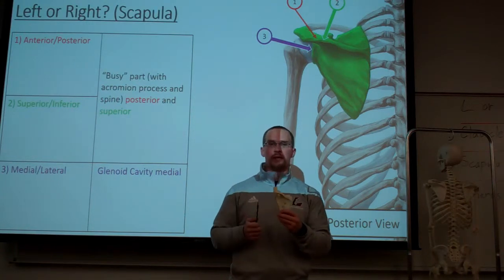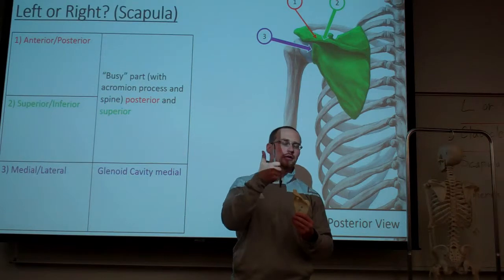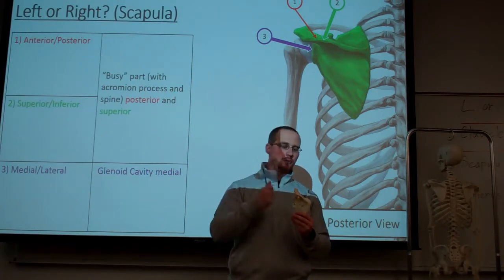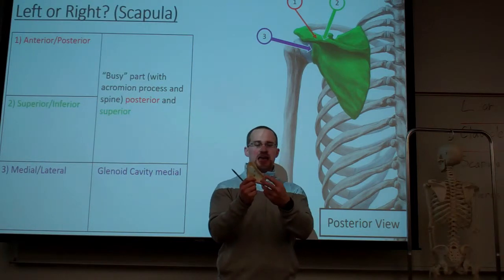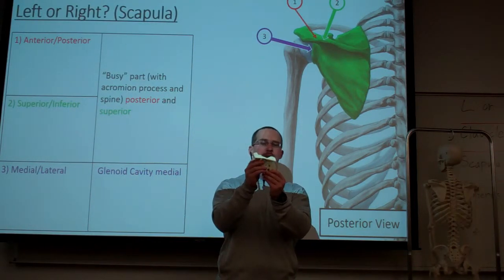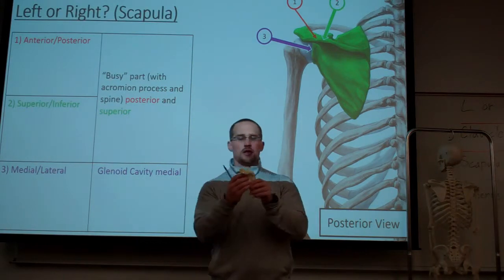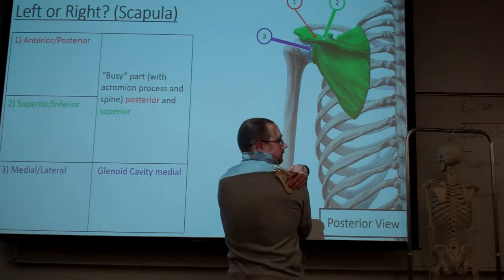That side is going to be both posterior and superior. So if I'm taking my scapula here, busy end, that's got to be up and it's got to be pointed out the back. So if I'm taking it here, I've got up and back.